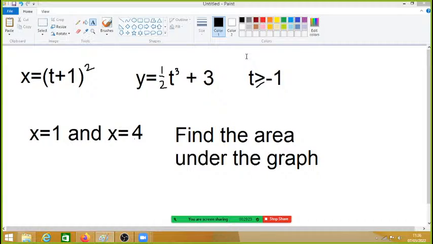Make sure you've integrated, because sometimes students can do the simplifying and then forget to integrate because they think that the simplifying was what the question was about.